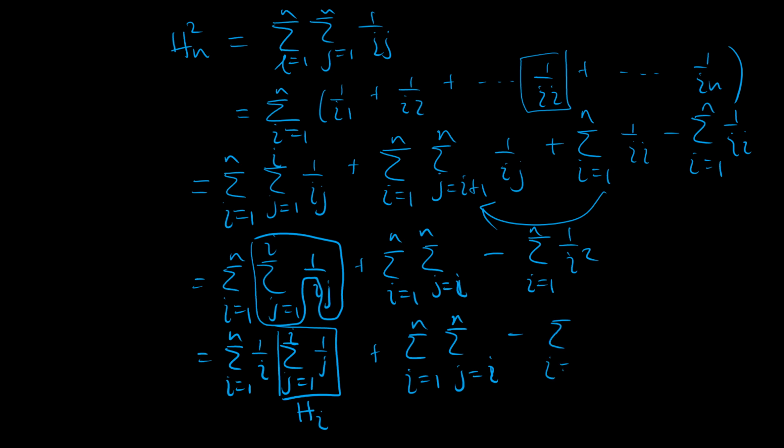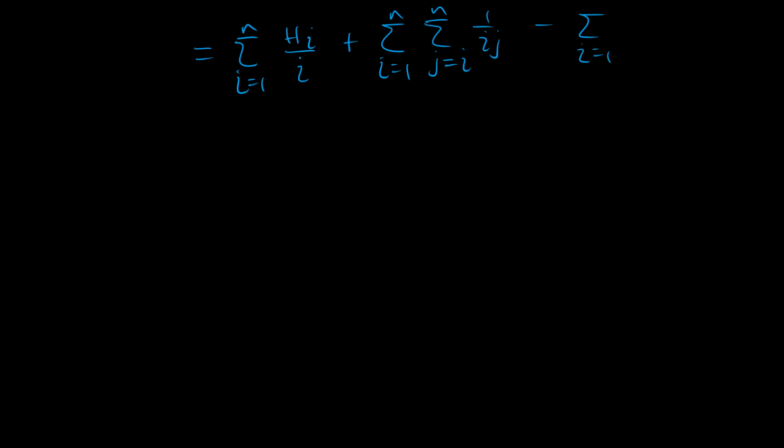Minus, okay. So in other words, this becomes the summation from i equals 1 to n of hi over i plus the summation from i equals 1 to n of the sum from j equals i to n of 1 over ij minus the summation from i equals 1 to n of 1 over i squared.